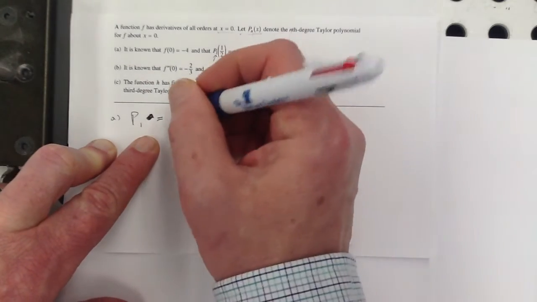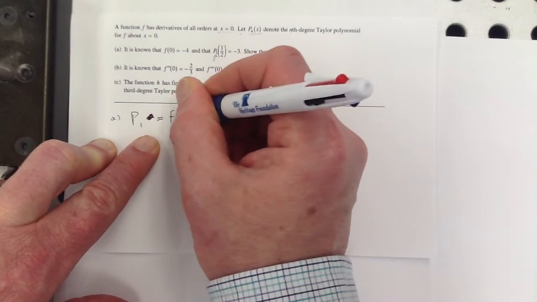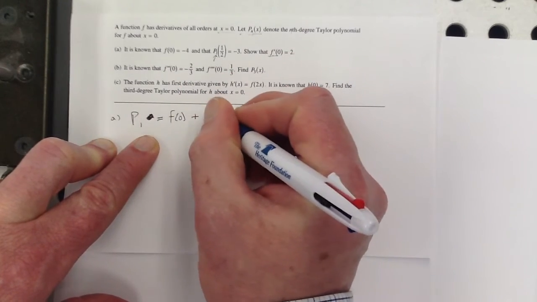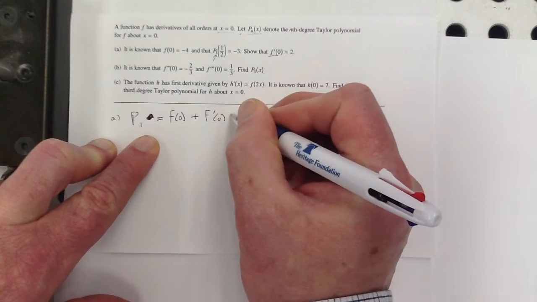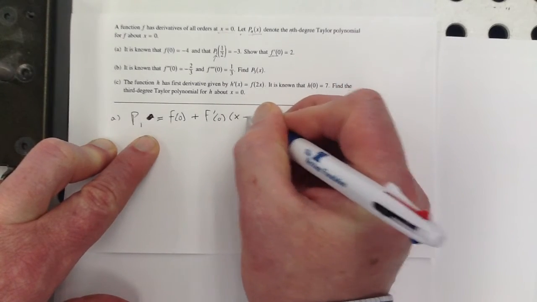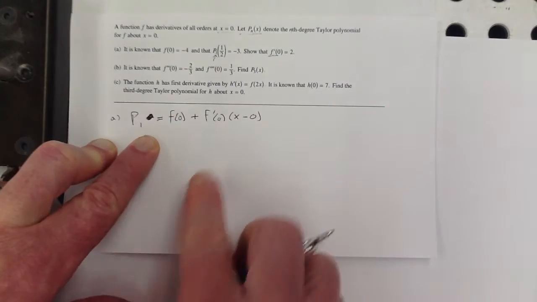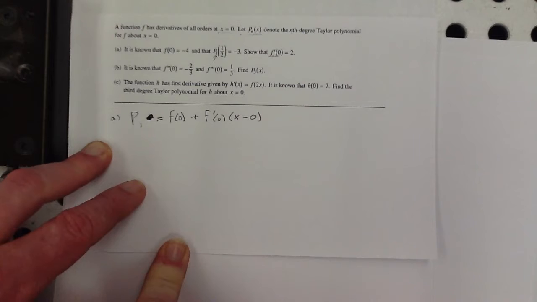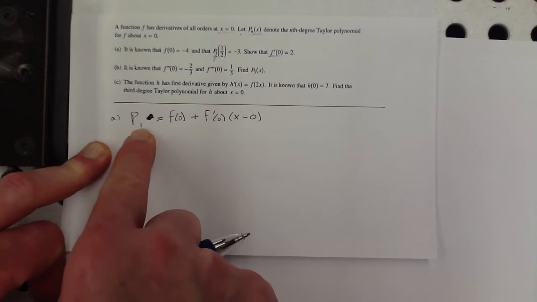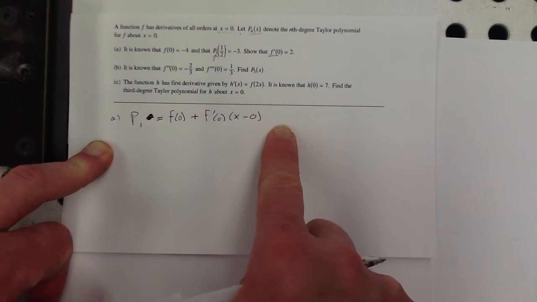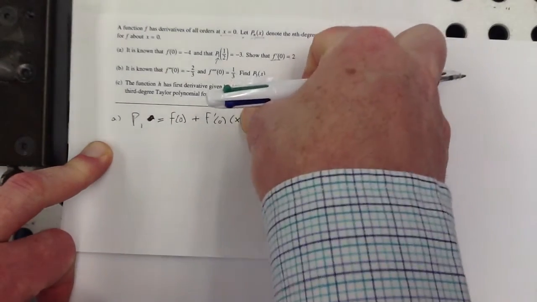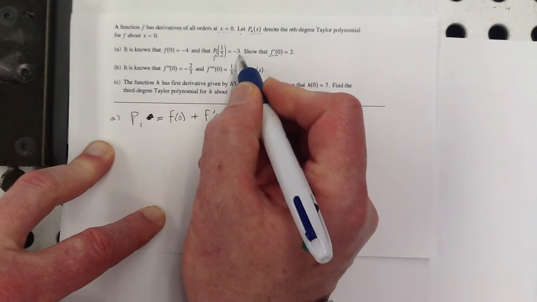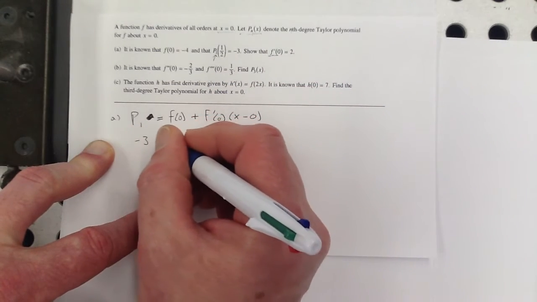So that's going to be f of 0 plus f prime of 0 times x minus 0. You could just write an x there, but I'm just emphasizing the form of this. That's what the first degree Taylor polynomial looks like, or you could just write it without the 0 there. So p sub 1 of 1/2 is equal to negative 3.